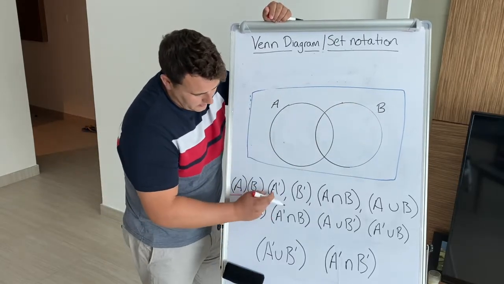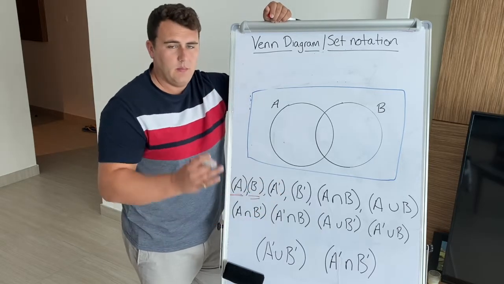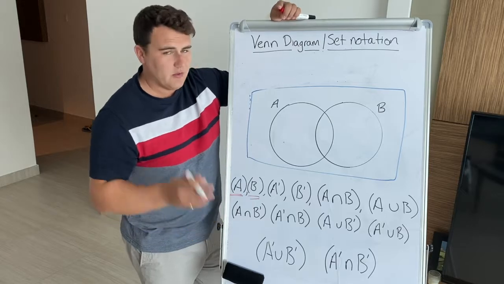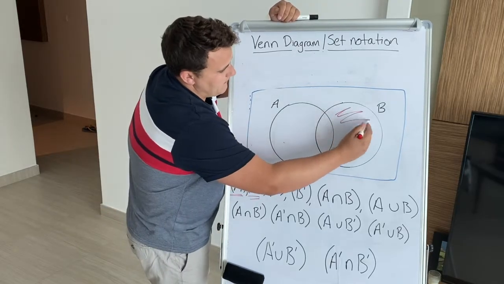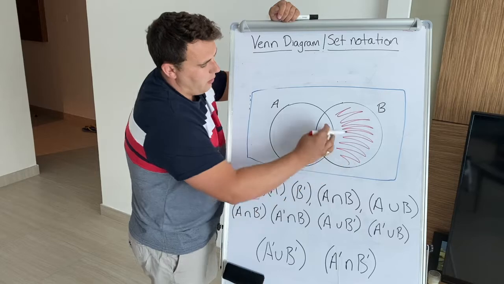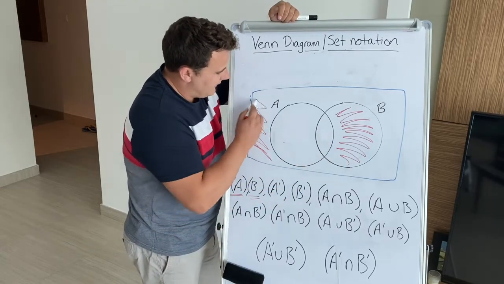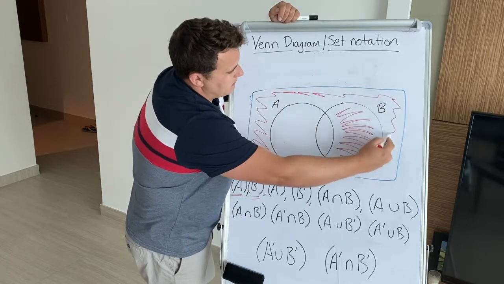A dash, you can see this is A with a dash in it, means not A. It means everything that's not in A. So that will include everything here, not this bit though, because that is part of A, and it also includes everything on the outside.